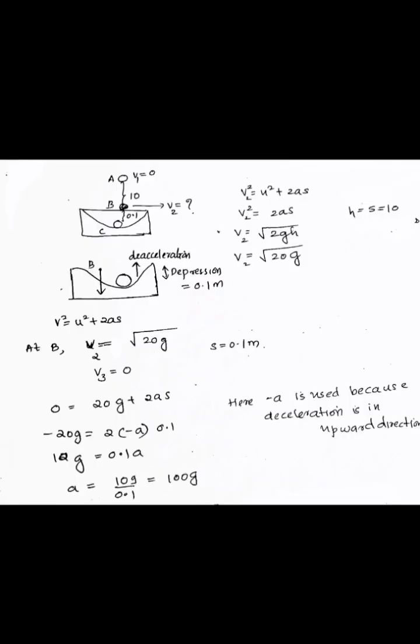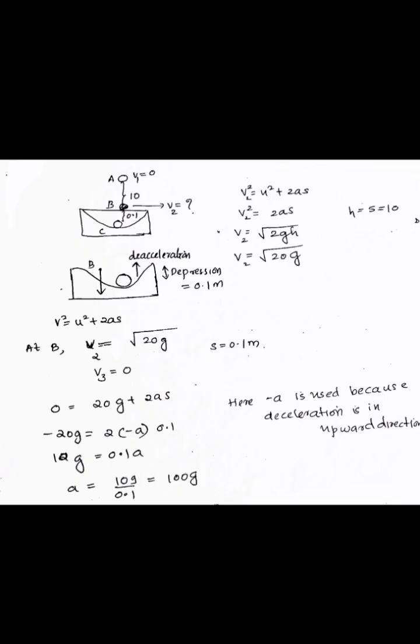We know that the object is dropped from the point A. So at that point A, the velocity, that is v1, is equal to 0. So when it is dropped from the height of 10 meter, it reaches the point B. So at the B point, the velocity be v2. v2 square is equal to u square plus 2as, and we know that u is equal to v1, that is 0.